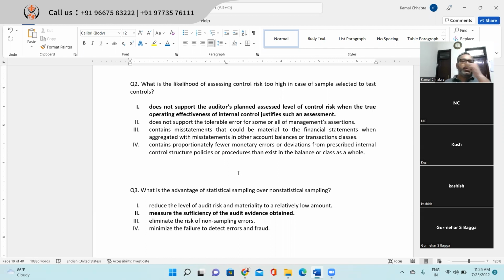Which one results in assessing the control risk too high and why?